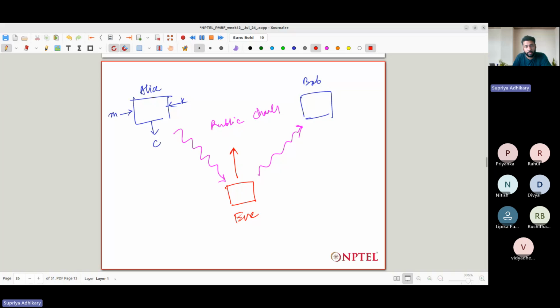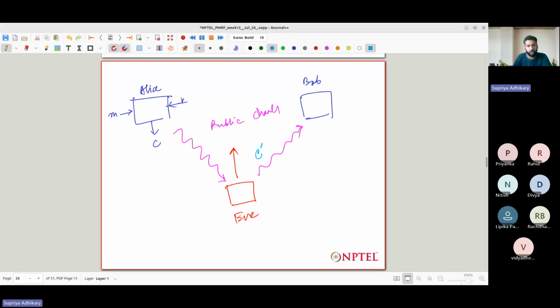Now Eve can change the ciphertext and compute some C dash, and this C dash is now sent to Bob. Now it might be possible that after decrypting this C dash, Bob might not get any valid plaintext at all.